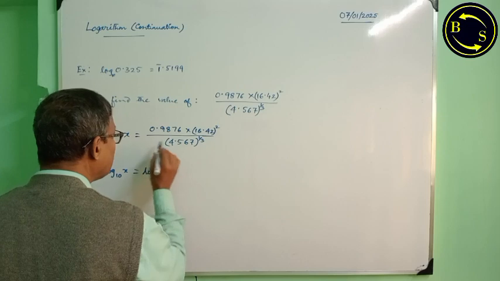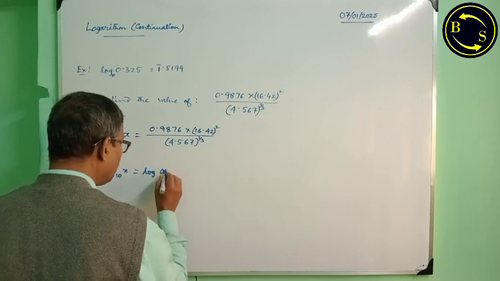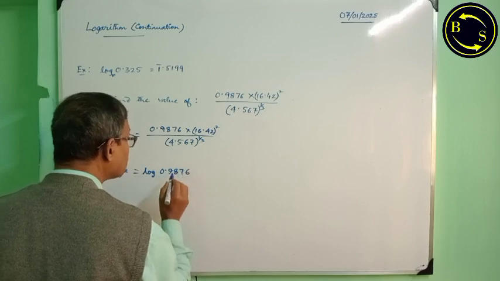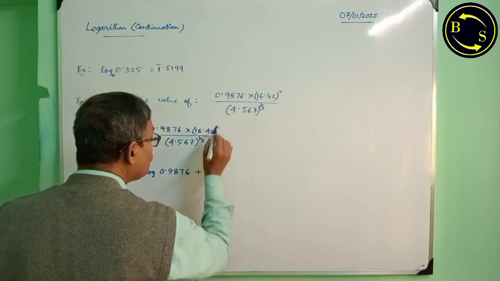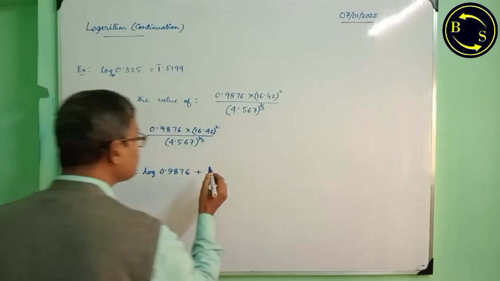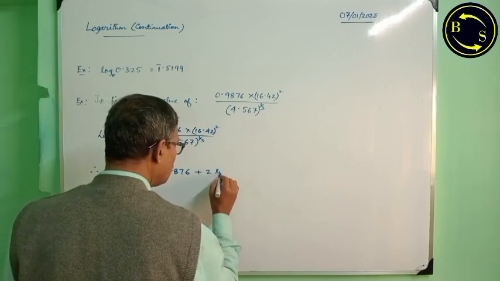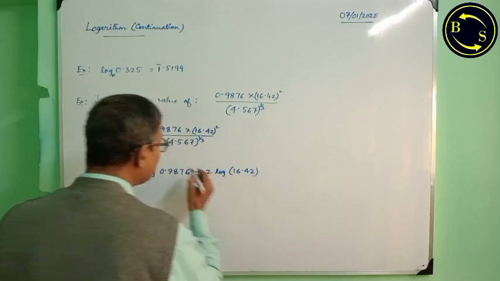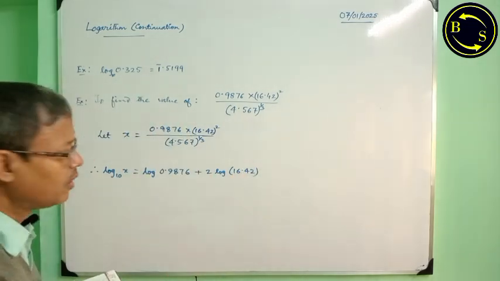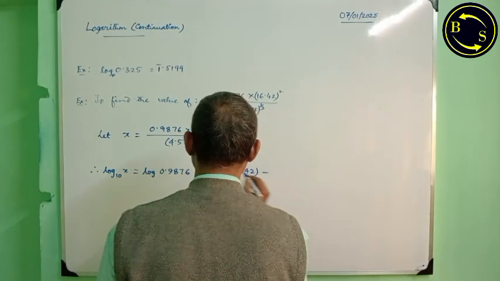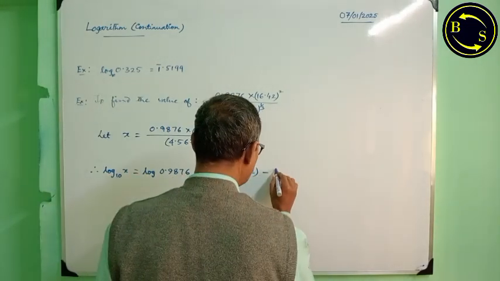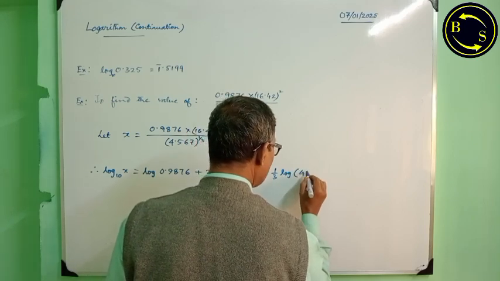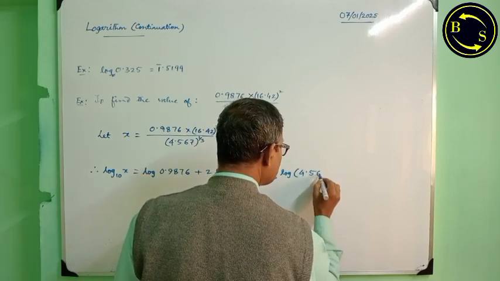Then after applying the formula, it will be log 0.9876 plus 2 is there at the index, therefore it will be 2 log 16.42. Then this is at the denominator, therefore it will be minus, power is 1 by 3, therefore 1 by 3 log of 4.567.